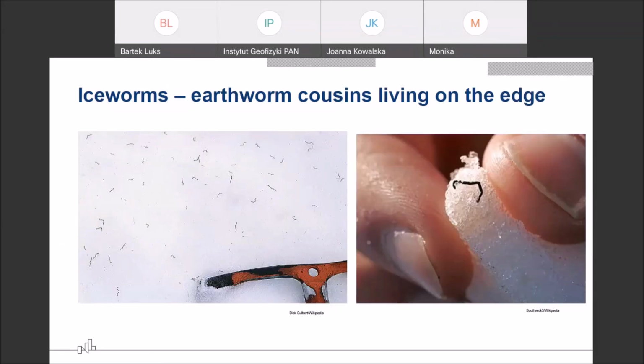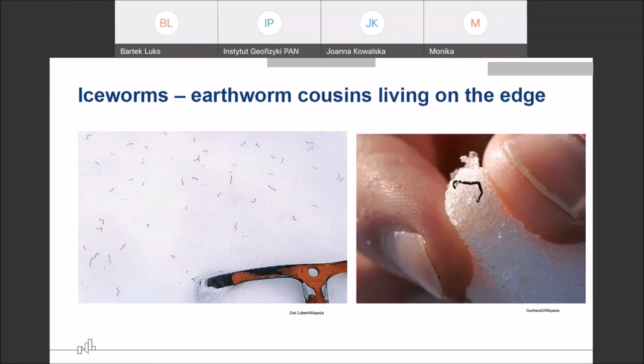We're still with the life on the glacier surface, and this was when I was preparing for this presentation. It was really unexpected for me to find that there are organisms that spend all their life cycle, I mean, all their life in glacier ice, and they are called iceworms.